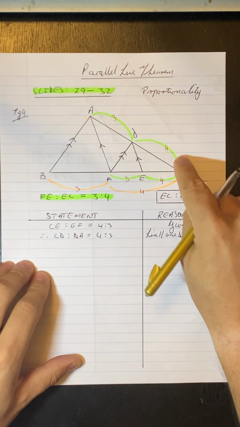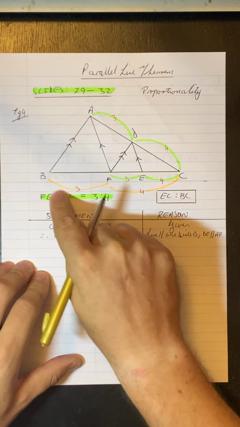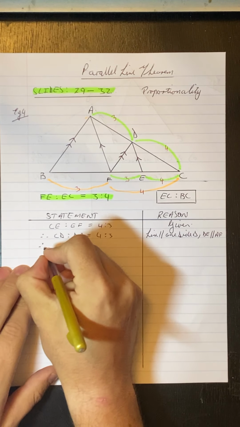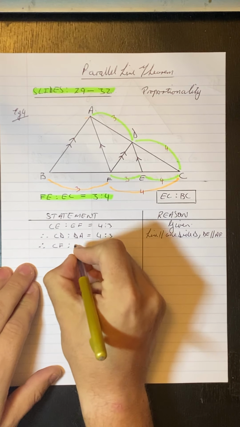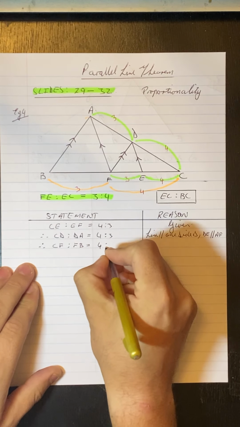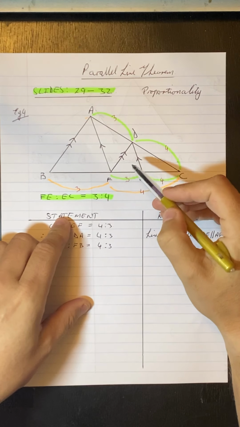Okay, so what did we do from there? So then we went to the other side. Then I said that CF to FB was 4 to 3. So therefore, CF to FB is equal to 4 to 3. And what I used there is I used the other set of parallel lines.